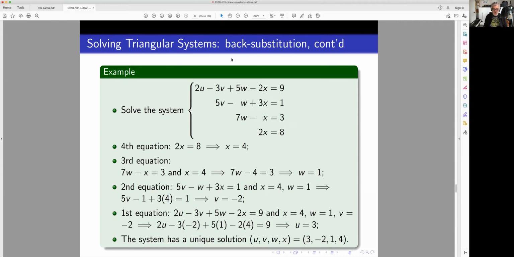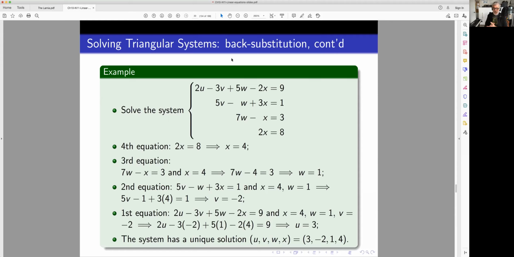So we've introduced a second notation for our systems, which is the augmented matrix, where you have the coefficients and the column of constants all in one matrix. Okay. So again, I remind you of the overall strategy.